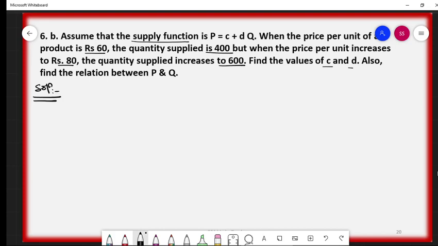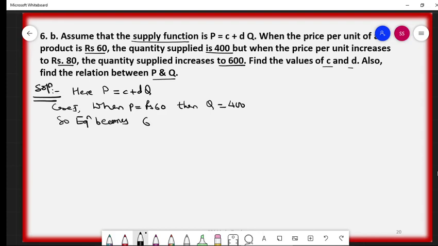Here we have given the equation P equals C plus DQ. We have given the first case: when price is Rs 60, then the quantity equal 400. So the equation becomes 60 equals C plus 400D, suppose equation 1.